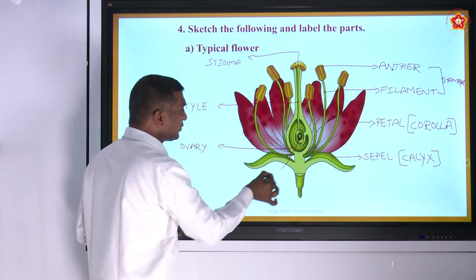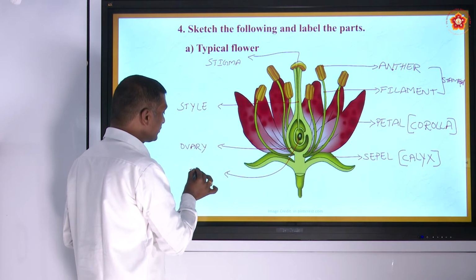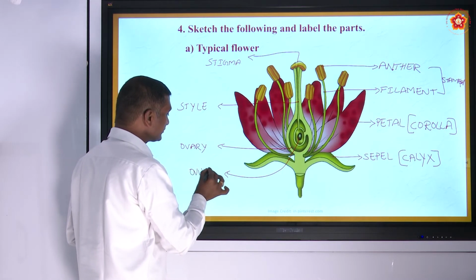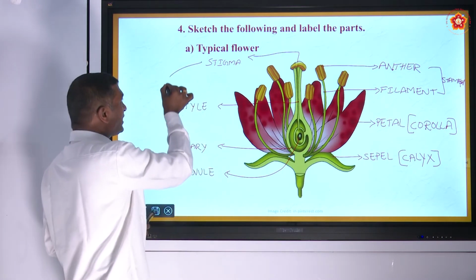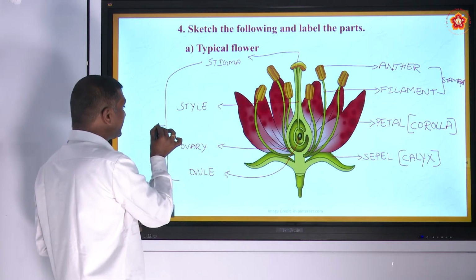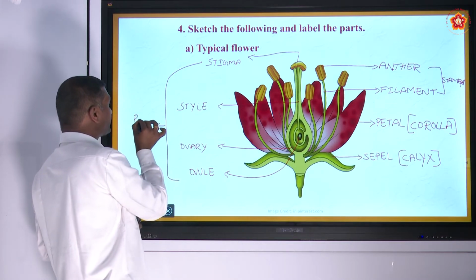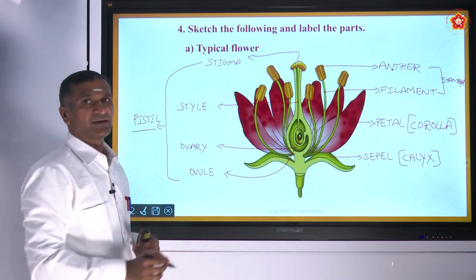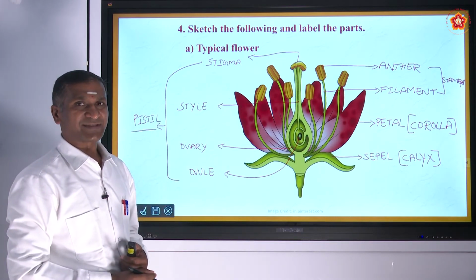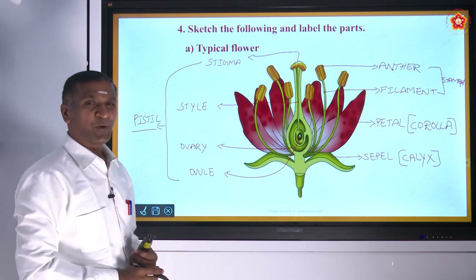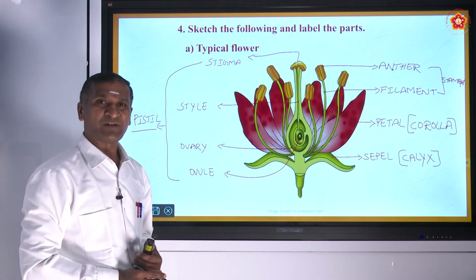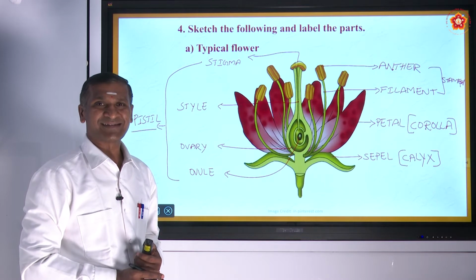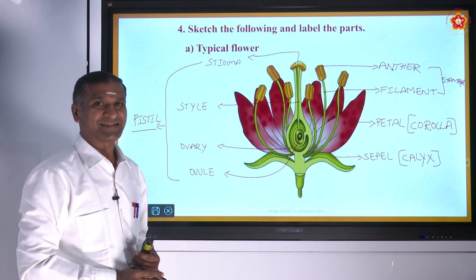Inside this you will have the ovule. Totally all these four together are called the female reproductive part, and that is the pistil. I hope you will have drawn the colorful bloomed flowers and labeled the parts.